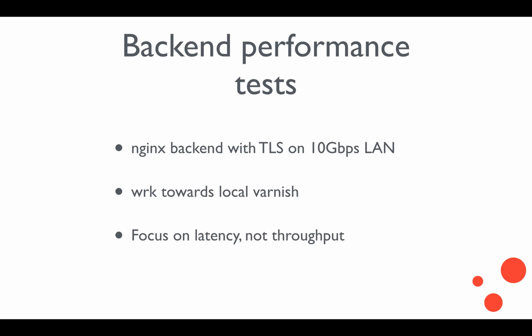So we have been doing some performance tests on this part as well. For this setup, we were using an Nginx backend enabled with TLS. We were using a 2048-bit RSA certificate, and this ended up negotiating using ECDHE.